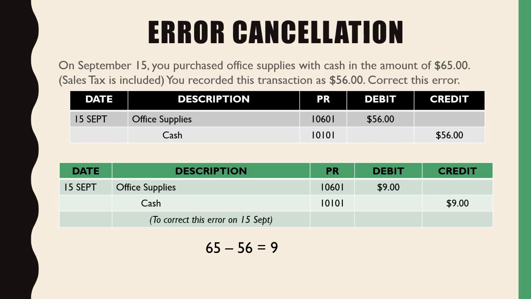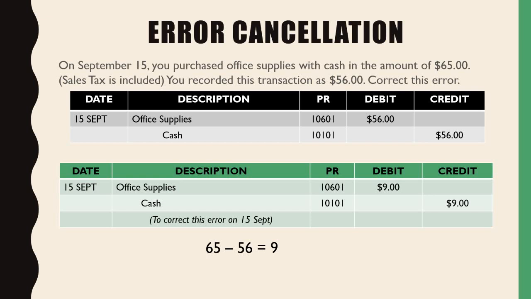So what you have to do here is think to yourself, what's the difference between the amount that I put in my journal that was incorrect versus the amount that I should have journalized? So in this case, what's the difference between 56 and 65? Find that difference. Okay, it's $9.